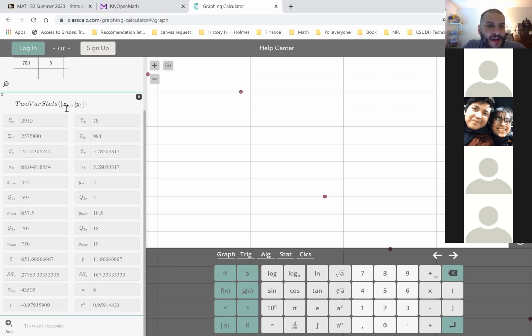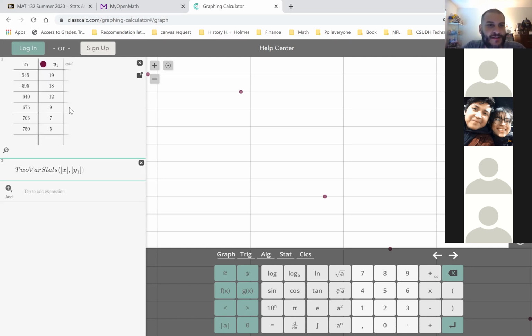To show you, if you remember in the beginning while we were talking about R, I told you it doesn't matter if we switch them around, you'll still get the same thing. So let's test that. Right here, I'm gonna put Y1, and right here, we're gonna put X1.